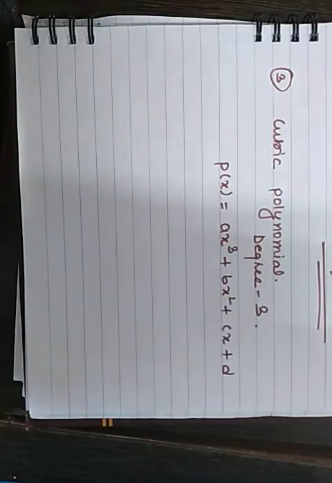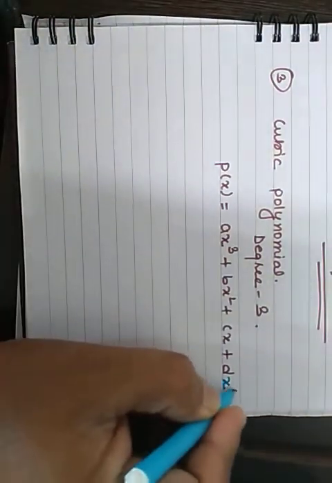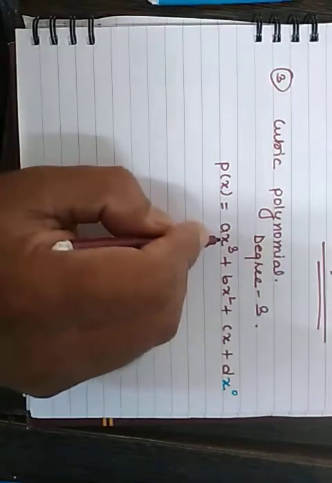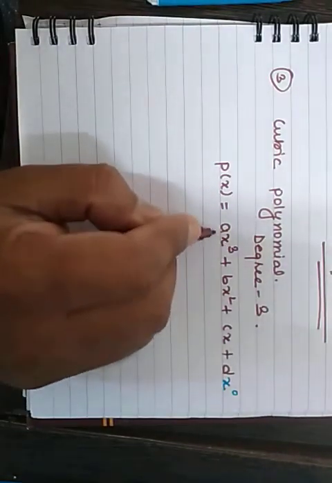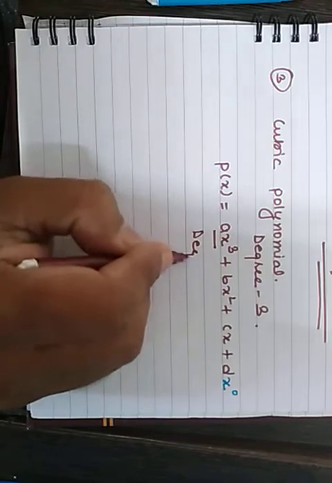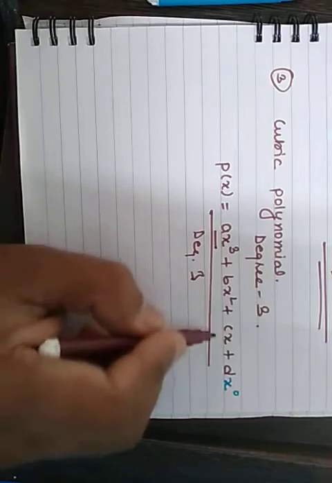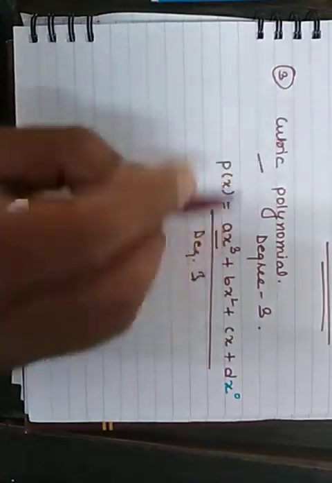Here d comes with the variable x to the power 0. Now the highest power is 3, so degree is 3. That's why this expression is called a cubic polynomial.